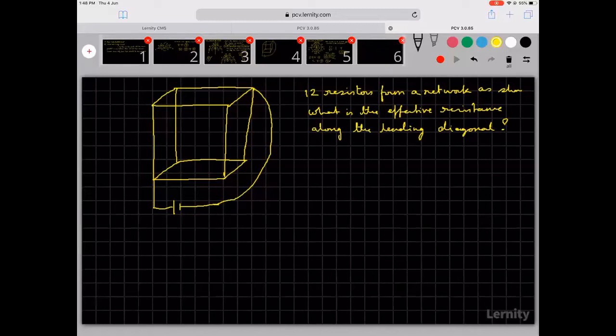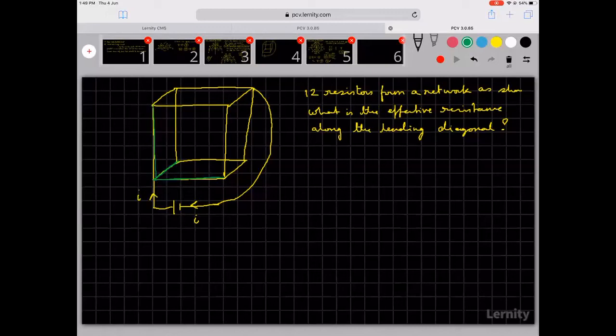They are all equal resistors. I will do this in multiple ways. Please focus. First thing is, suppose the current going out here is I. The current coming here is also I. Now, when the current reaches this junction, the current has three ways. The current can go this way, this way, and this way.